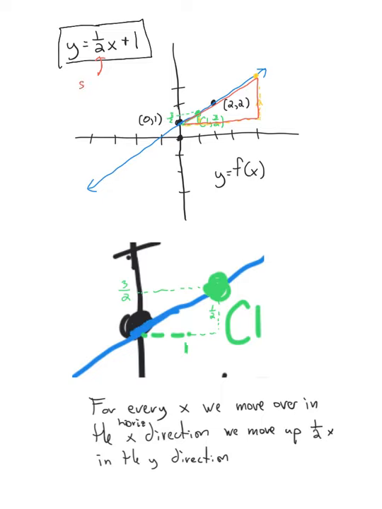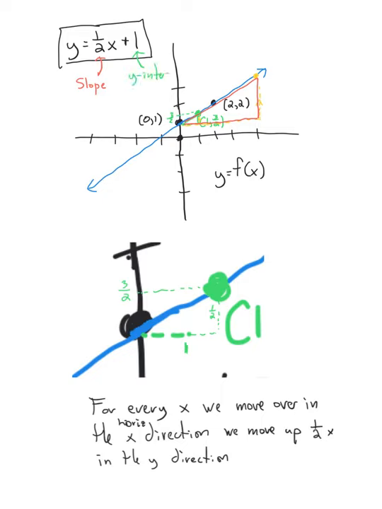This is called the slope of the line. Let me rewrite that. That tells you the steepness of your line. And this here, this is the Y-intercept.